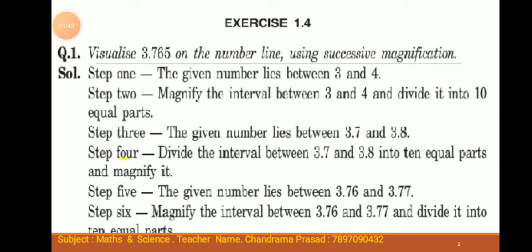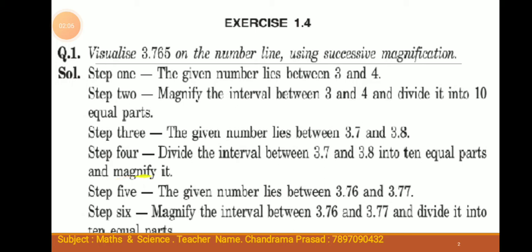Step 3. The given number lies between 3.7 and 3.8 because this number is greater than 3.7 but less than 3.8.